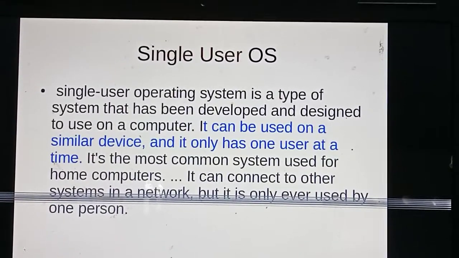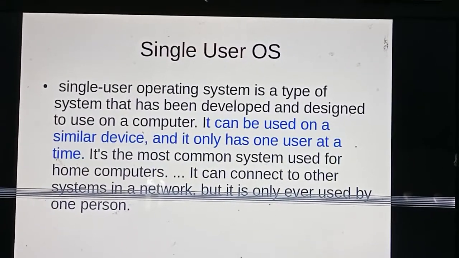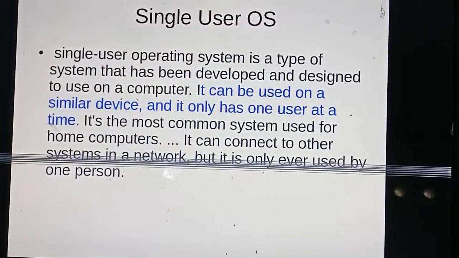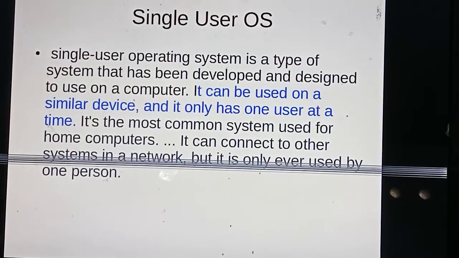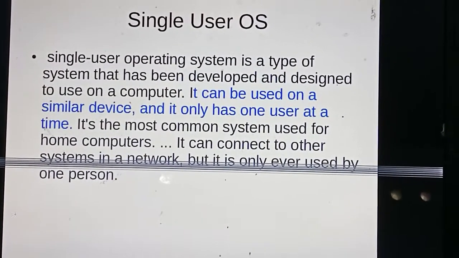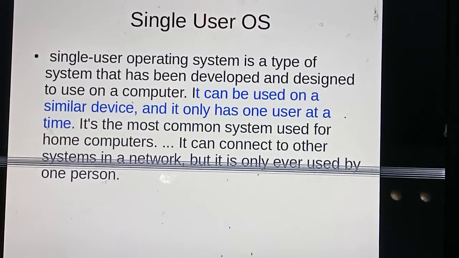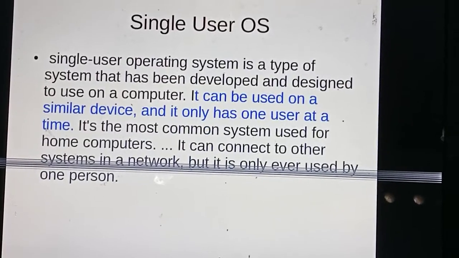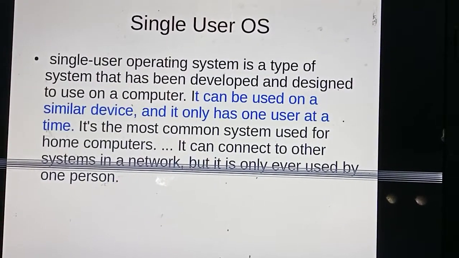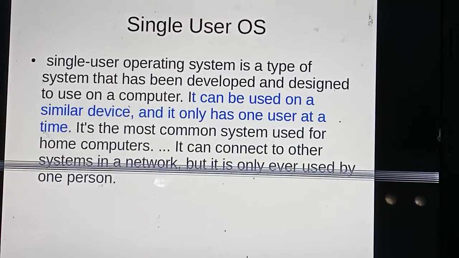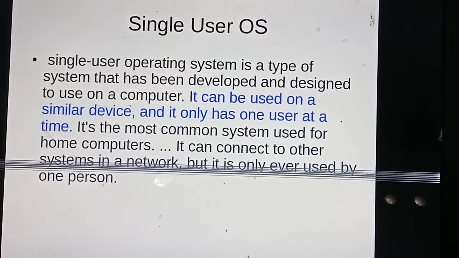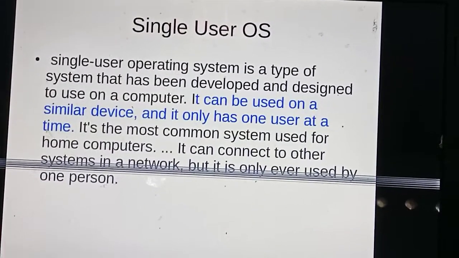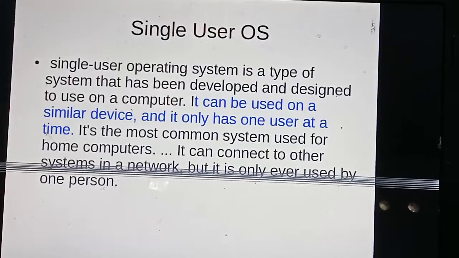It is the most common system used for home computers. In home, only one person can do any operation at one time, right? So multiple users are not permitted in a single user operating system. That's why it is common in home, because there is no use for multi-user in a home.